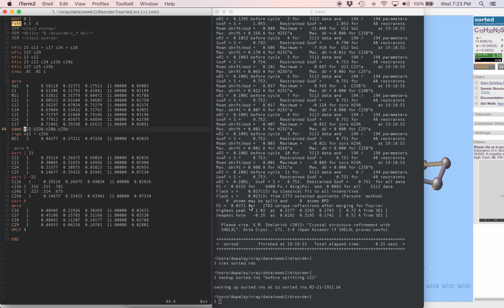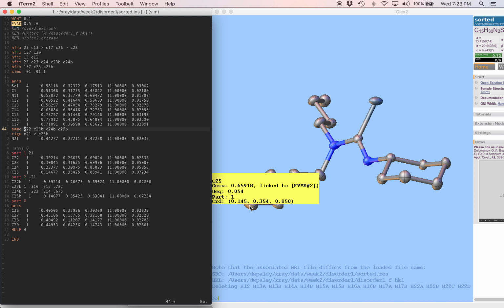So the 5 atoms following the same instruction are N21 through C25, and the atoms that we want to match them to are N21, C22b through C25b.